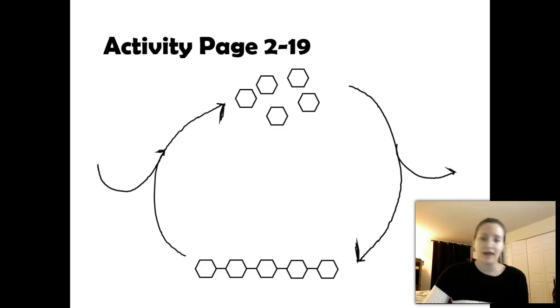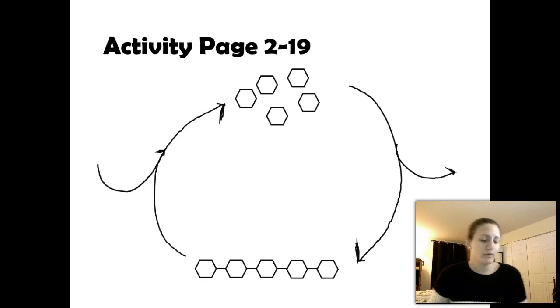The next question asks, what is A? What is this region? Those are called monomers. And remember, monomers are the smallest possible units. Mono meaning one. And C, this molecule down here, is a polymer. So poly meaning multiple. So it's multiple monomers.